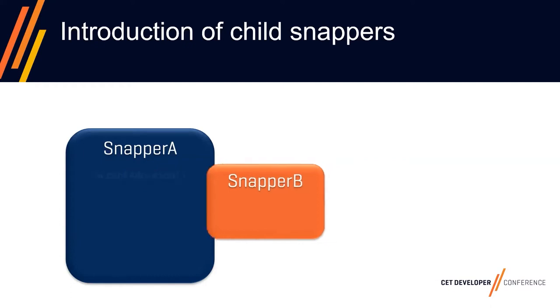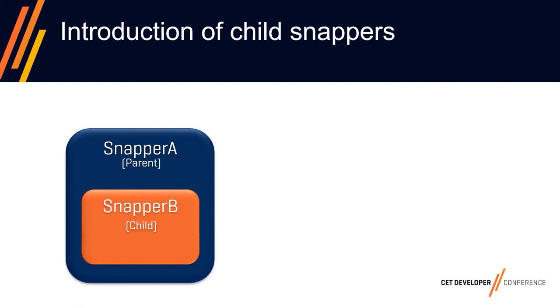And at that point, it's adopted. It is now a child snapper of snapper A. And that's really it. Getting this relationship between snappers, this parent-child or even sub-child or grandchild, however you want to think of it, is just that easy.